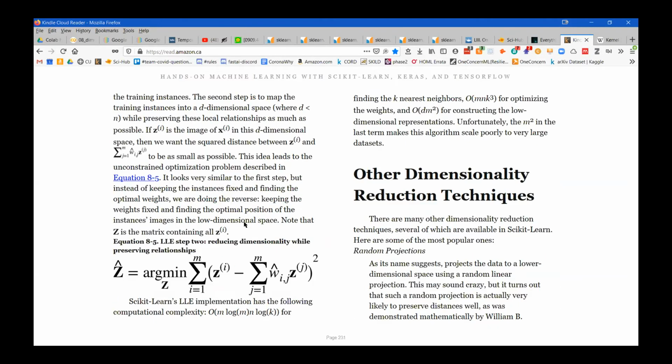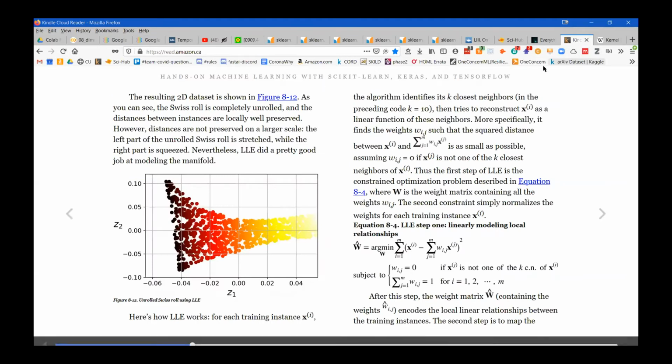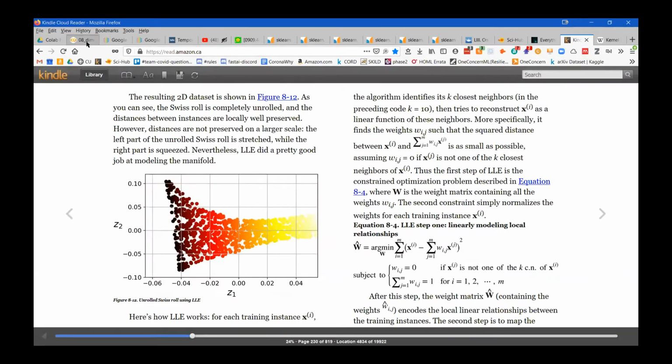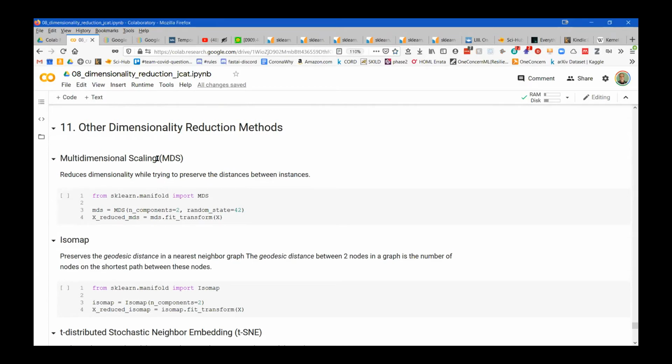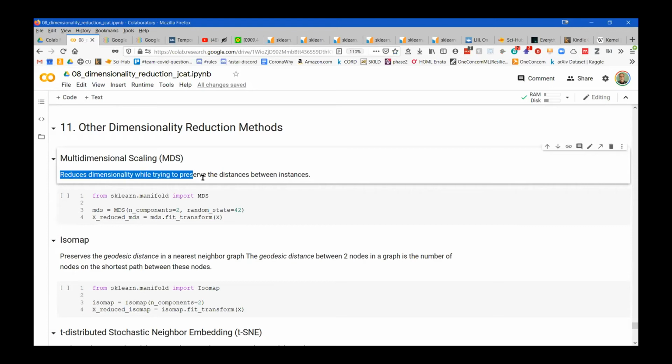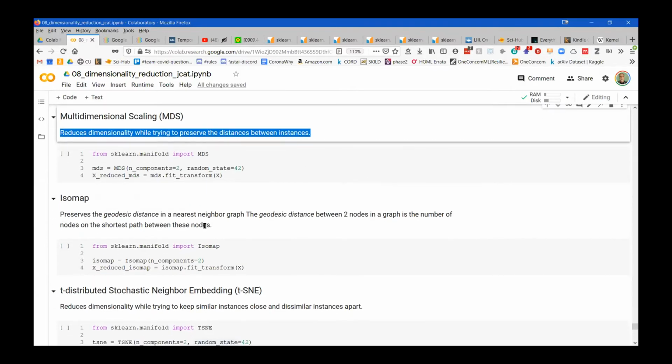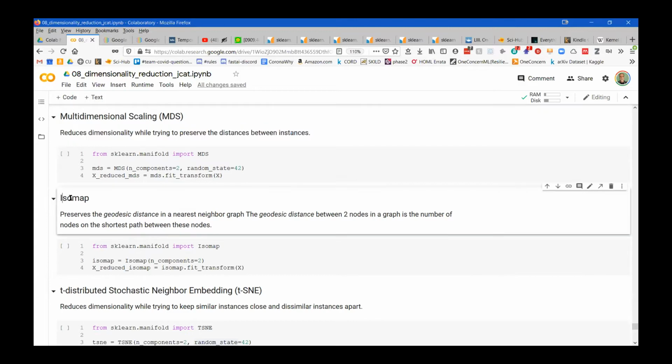He also talks about several other techniques. So he talks about multidimensional scaling, which, I'm just quoting from the book here, reduces dimensionality while trying to preserve the distances between the instances, which is a good thing to do. Then he talks about this isomap technique where you're trying to map the data set into a nearest neighbor graph.